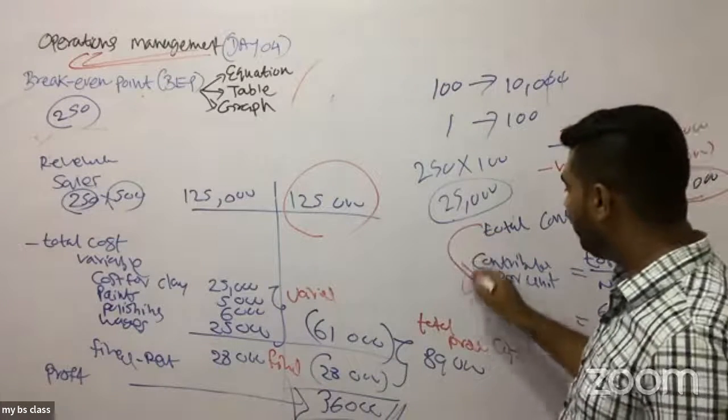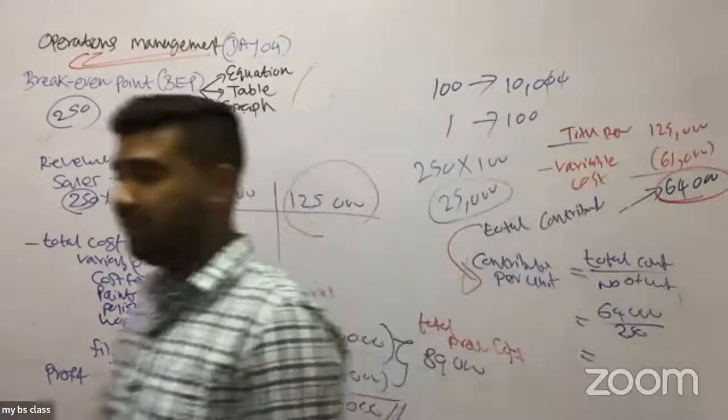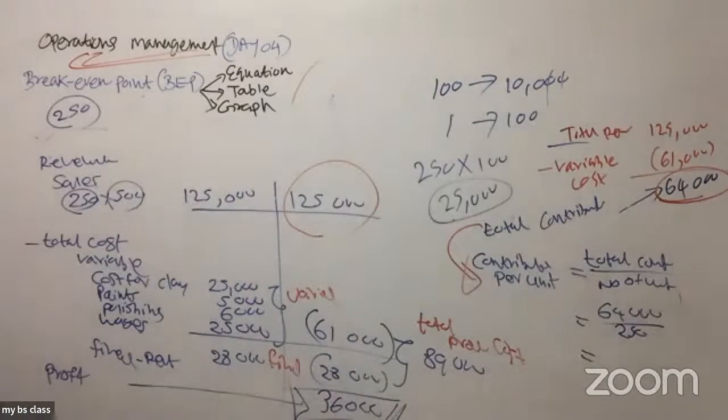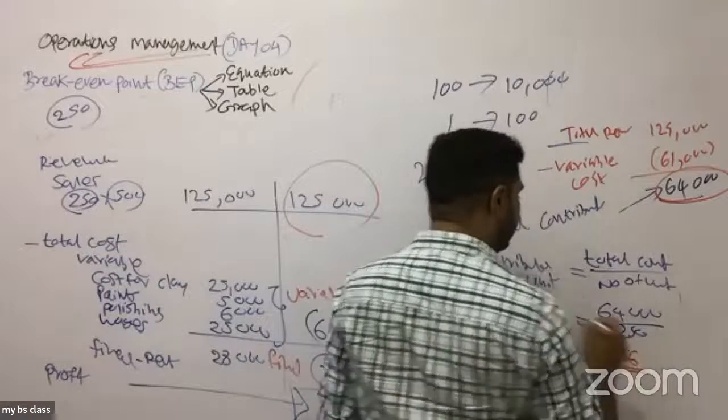If you want to calculate contribution per unit, it is your total contribution divided by the number of units, which is 64,000 divided by 250. What do we get? I just use my calculator, 64,000 divided by 250. 256 comes, 256 which is the contribution per unit.